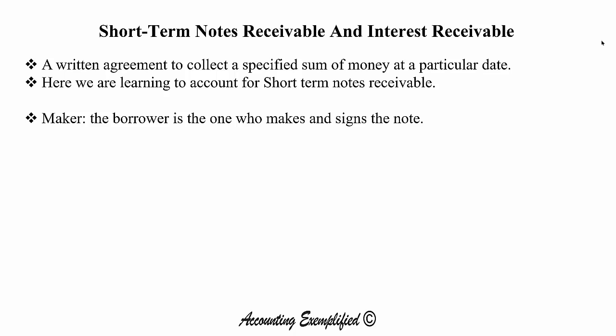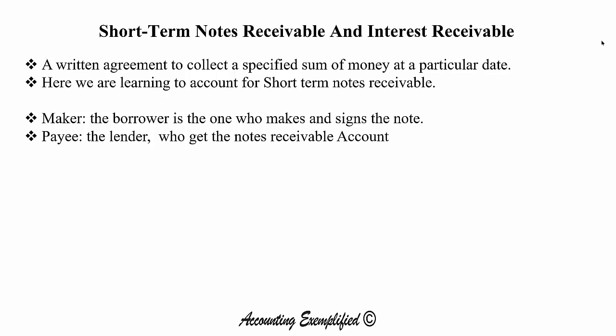What is a note? So here there are some elements of the note. First, the maker. Who is the maker of the note? This is the borrower, and this borrower is the one who makes the note and signs the note. So for the maker of the note, this will be a note payable.